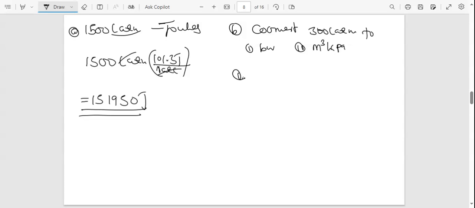So what you are going to do for the first one, we are going to get the same 300 liter ATM, like that. We are changing it to bar first, since we are taking it into bar, then later on we'll take it into meter kilopascals.